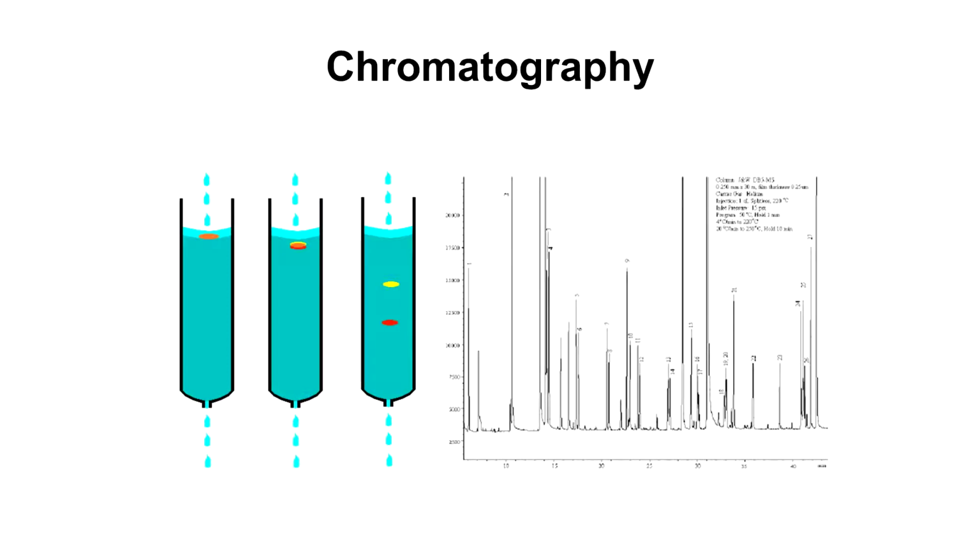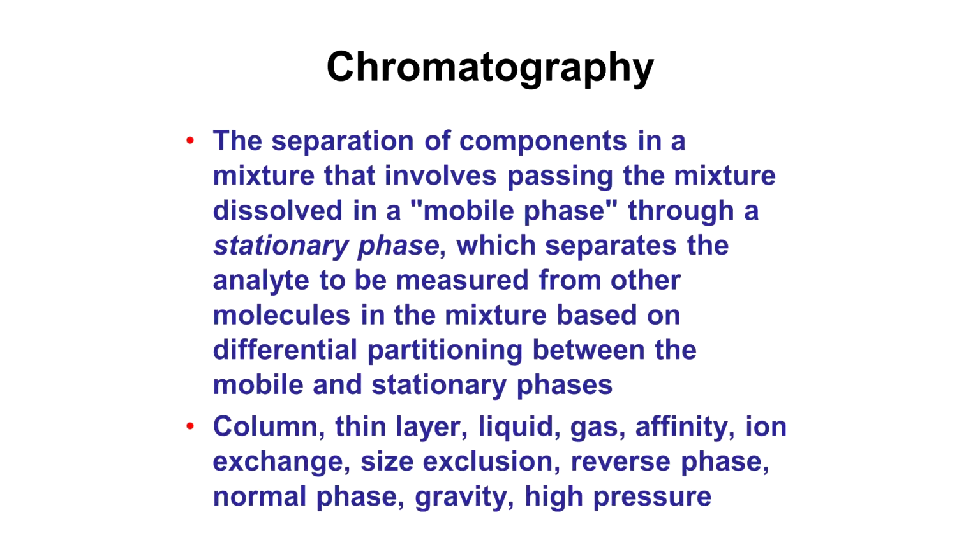So in chromatography, you're dealing with what we call a mobile phase, passing through a stationary phase. So the mobile phase could be liquid, it could be a gas. And really what you're doing is you're getting differential partitioning between the mobile and stationary phases. The stationary phase may have features that could be charge, or could be porosity, hydrophobicity.